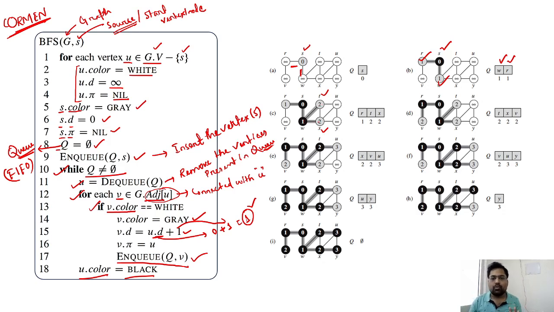And R was there previously, and it was already connected, so there is no need to update that one. Those which have not yet been visited will be updated. So here they are colored gray, then 1 plus 1 is 2. So here we got this 2. Before that, our S we converted to black.